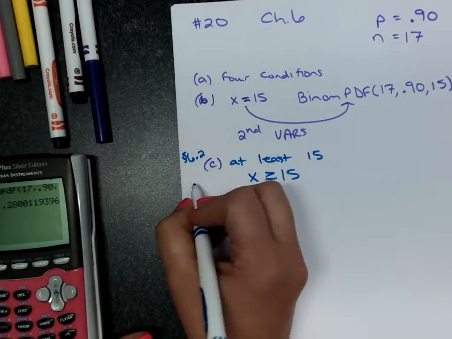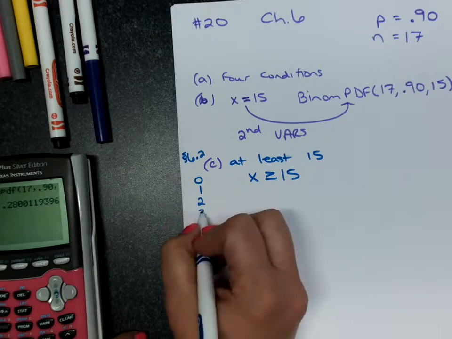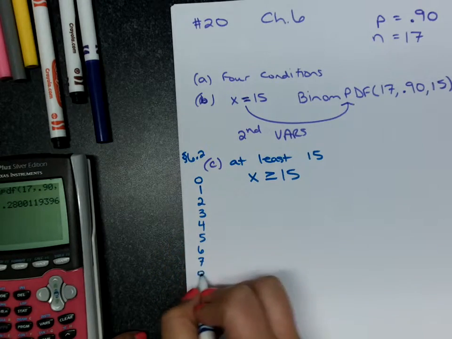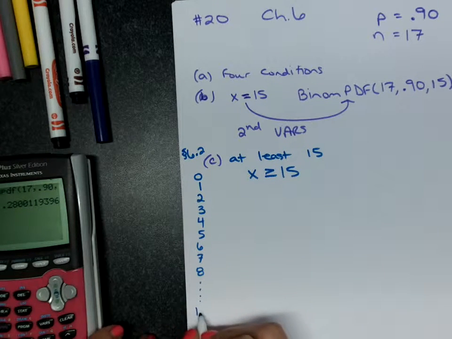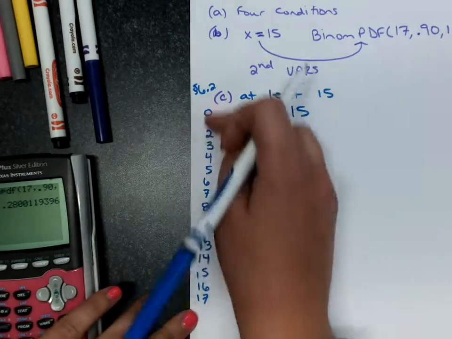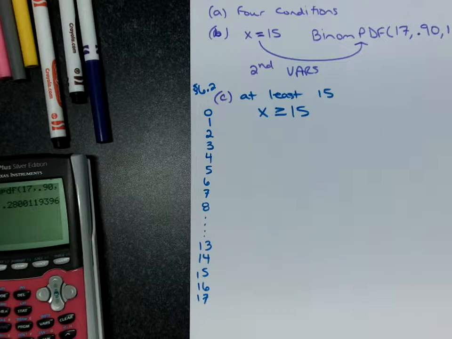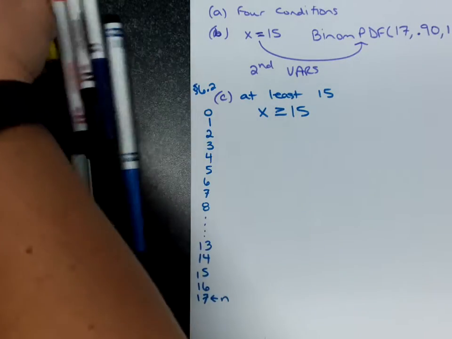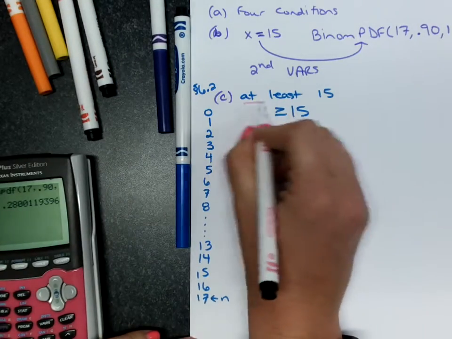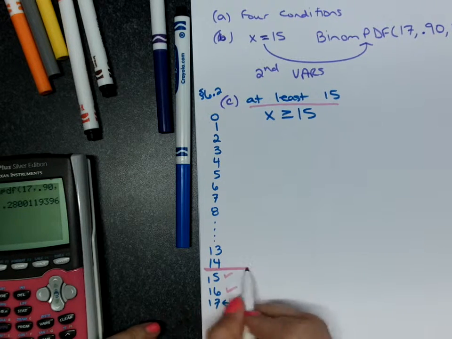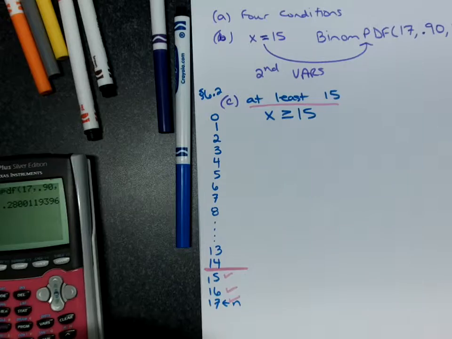The way I taught it is to make a list from 0 to the sample size of 17. 6, 7, 8, you can skip a few. 13, 14, 15, 16, 17. You don't have to make the whole list as long as you have the idea of the number 0 through the sample size. So you stop at the sample size. Then you have to think about the phrase at least 15. That would be 15, 16, or 17. So our cutoff point would be between 14 and 15.